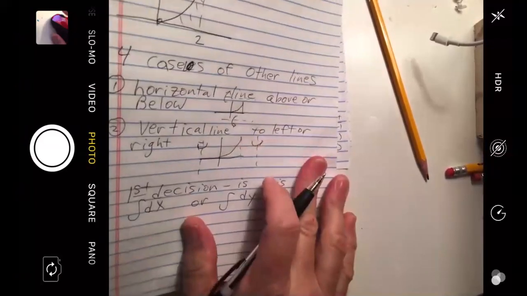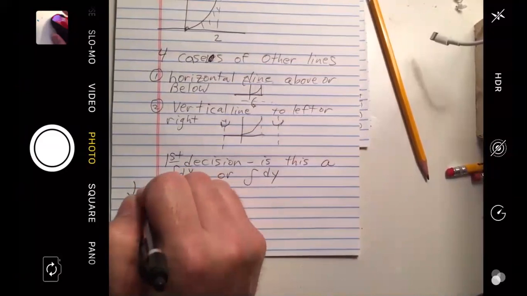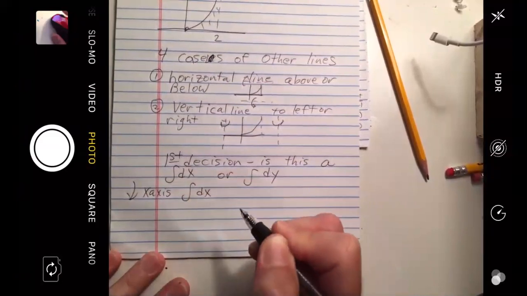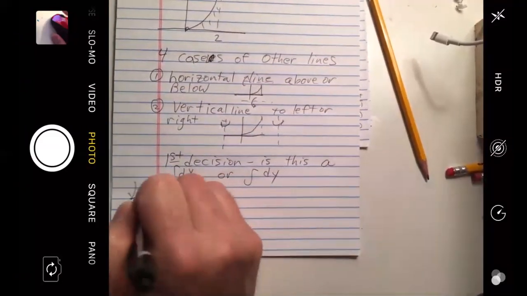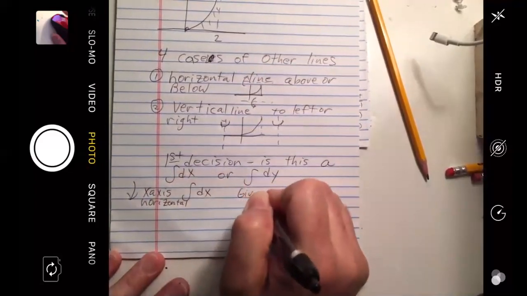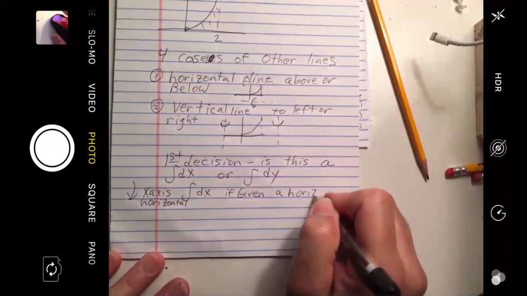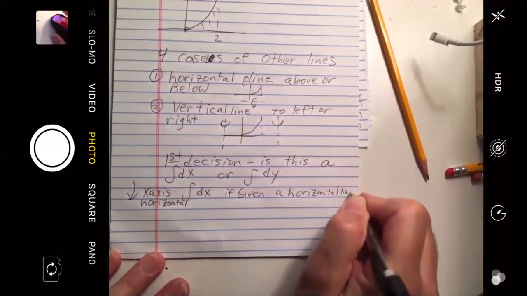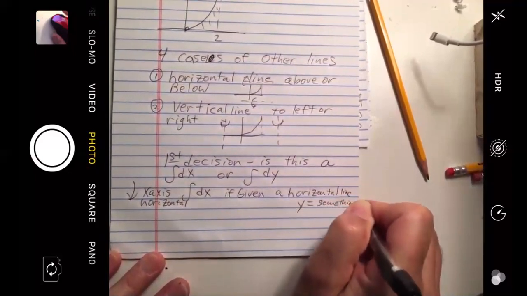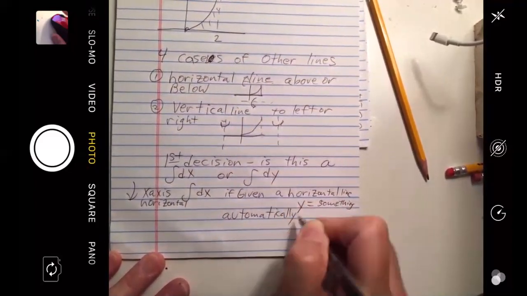Remember, if you were going around the x-axis, basically you had an integral dx. X-axis is horizontal. So if you're given a horizontal line, and that's a y equals something, that is automatically a dx integral.